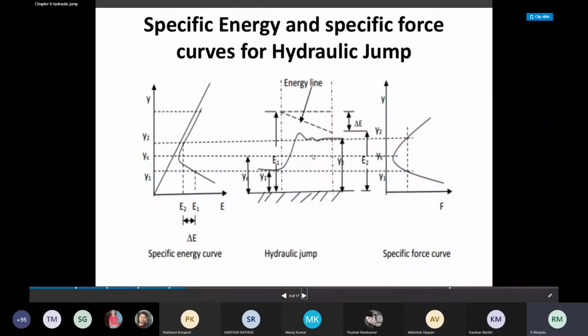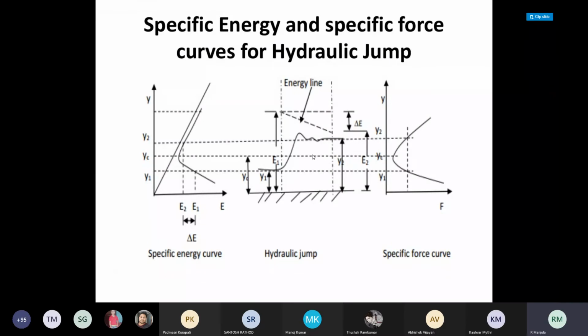And you can see the specific energy and the specific force curves for the hydraulic jump. What do you mean by specific energy actually? When you are considering the datum head as 0, whatever you are having is nothing but your specific energy. Which means that Y1 alone will be there in the specific energy.